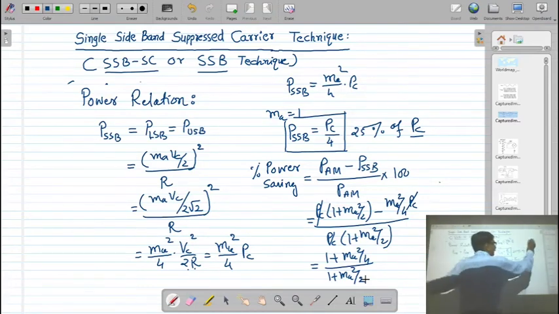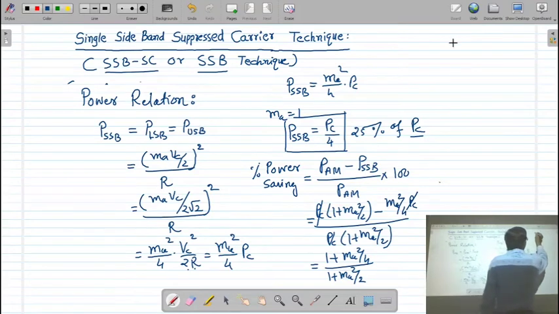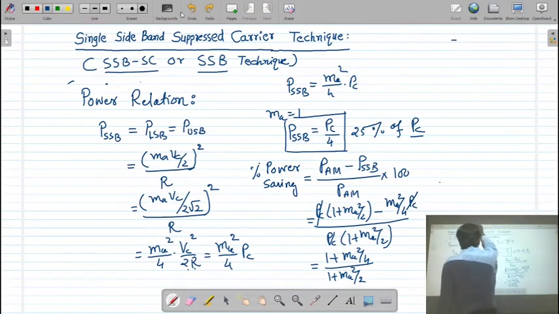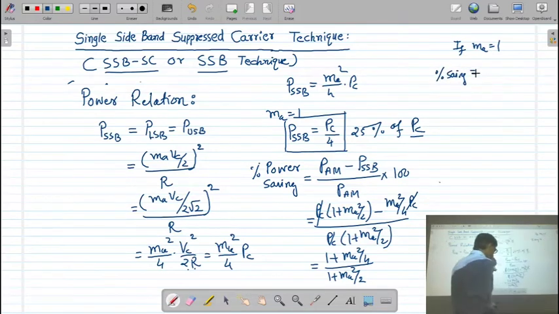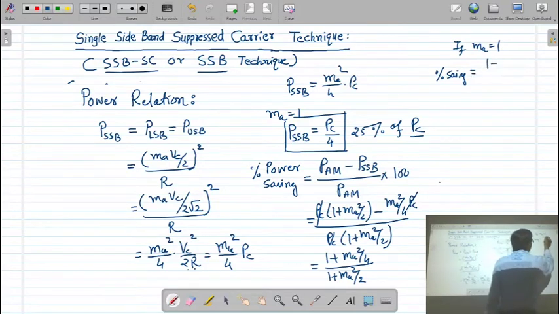Now let us say that if mA is equal to 1, then the percentage of power saving will be equal to 1 plus 1 by 4 divided by 1 plus 1 by 2.